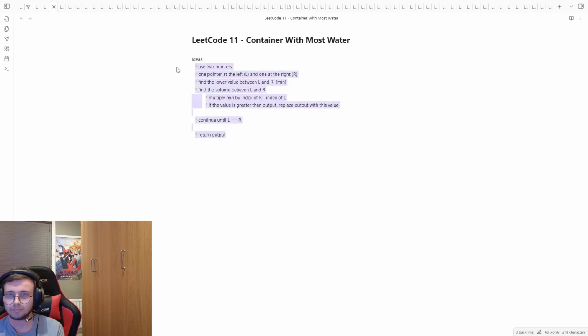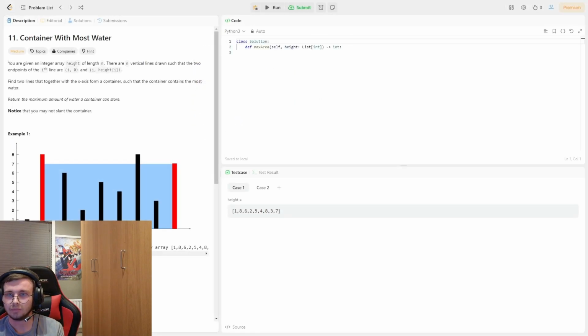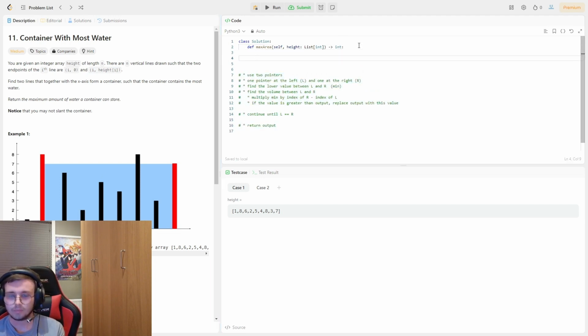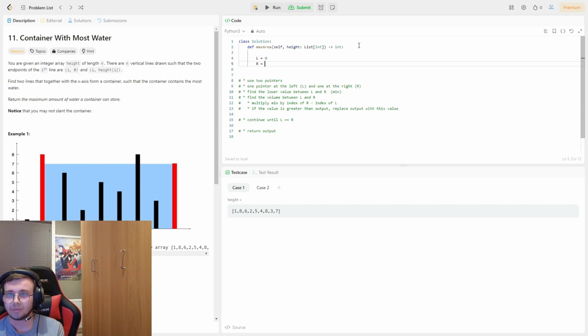Cool. So let's try and write the code for this. We're going to do L is equal to 0, R is equal to the length of height minus 1.